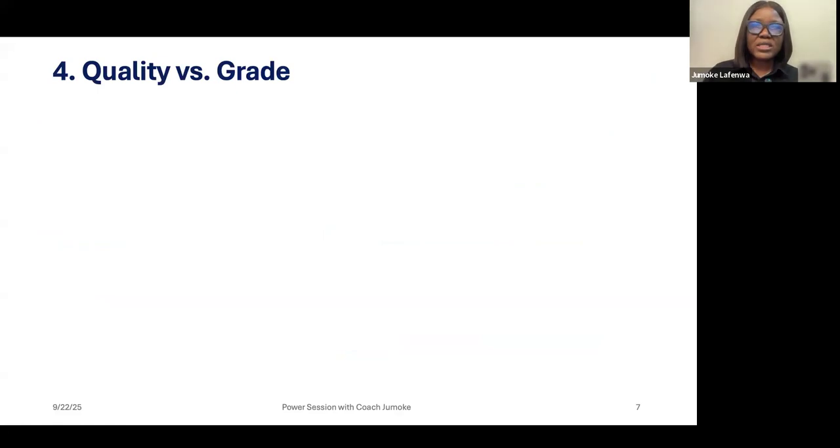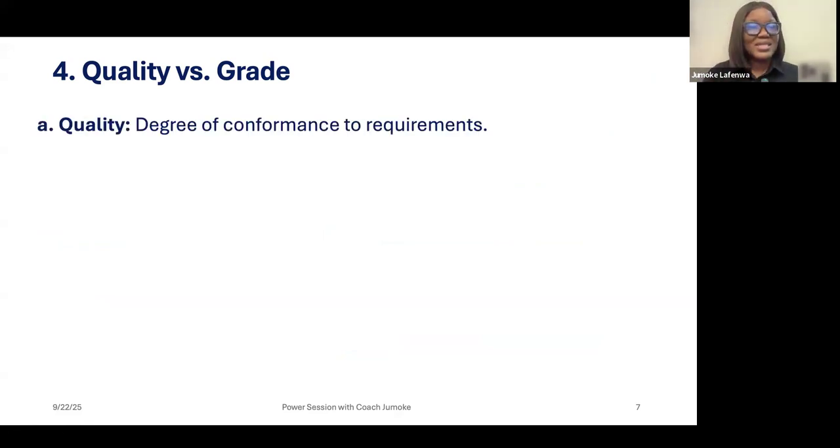Now, when we say quality and grade, because I see people use the two words interchangeably, but they are not the same. So you can't use them interchangeably. Quality means degree of conformance to requirements. You see, that moment that you say you want chicken, I don't know why I'm using food, because I like food. You say you want chicken. You are eating chicken, but you are saying this chicken is not well seasoned.